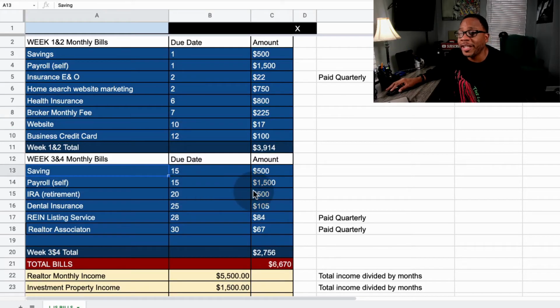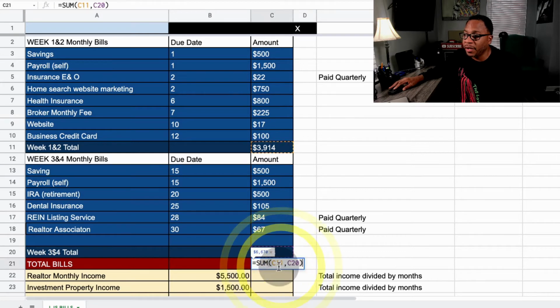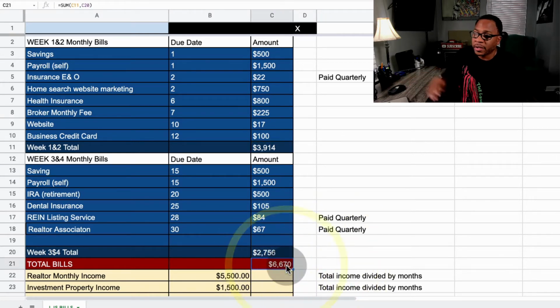Then what I'll do is that 30 grand, I'll leave that in the account and I'll start paying my bills and putting money in savings and still paying myself only $1,500. Here's one of the keys that I do. I know that every month my bills are going to total about $6,670.